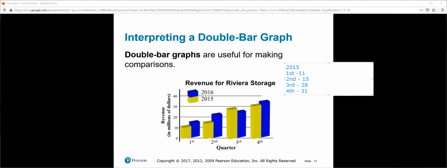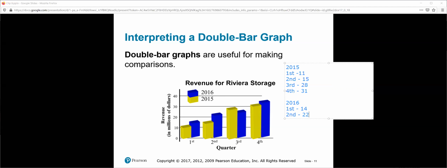Who decided to make this? And then 2016 would be below it. Is that supposed to be 14, maybe? It would not be quite as easy to do these direct comparisons by quarter.